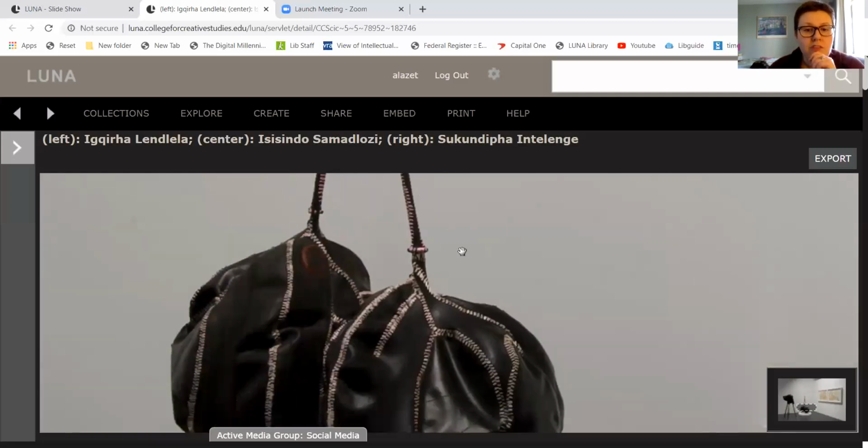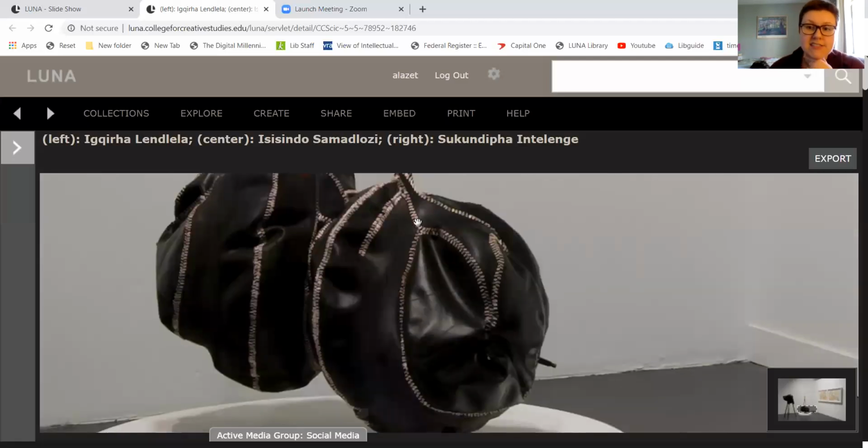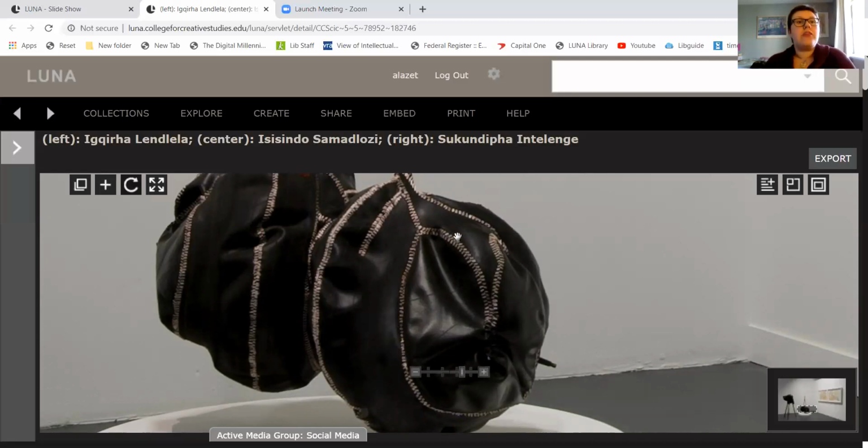And then what you see, the pink, are actually seams. He has used a pink ribbon to sew these together. So think about the implications of sewing, particularly using a feminine color such as pink. These are things that are traditionally coded as feminine, right? Women's work, as it were.